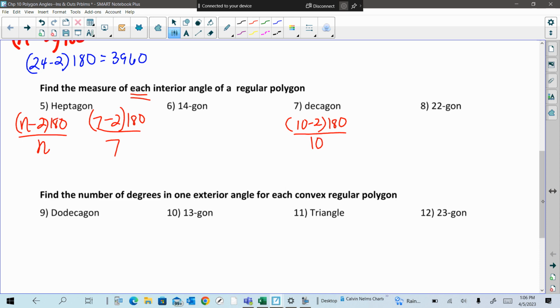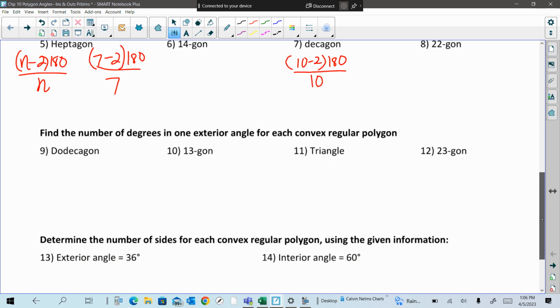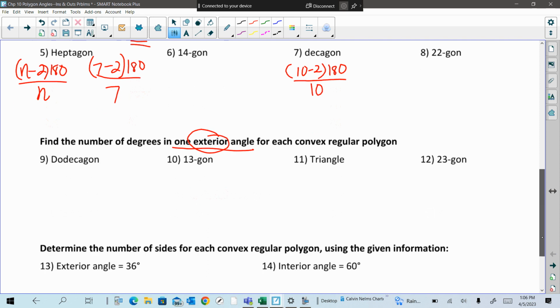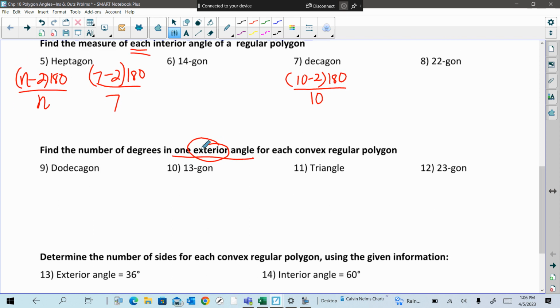So now, 9 through 12 says, find the number of degrees for one exterior angle. The minute I see the words exterior angle, I need to use what? 360, yes. So if I want to find one exterior angle, you do 360 divided by n, the number of sides. So on 9, dodecagon.